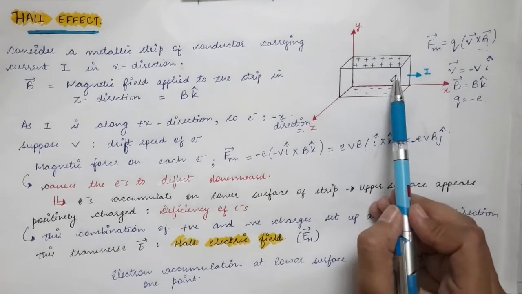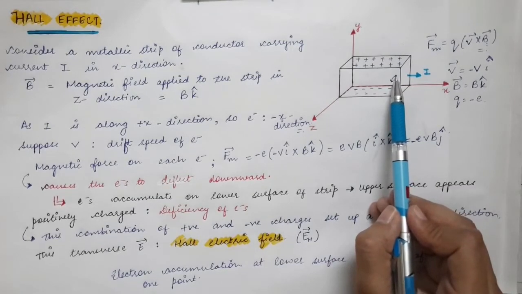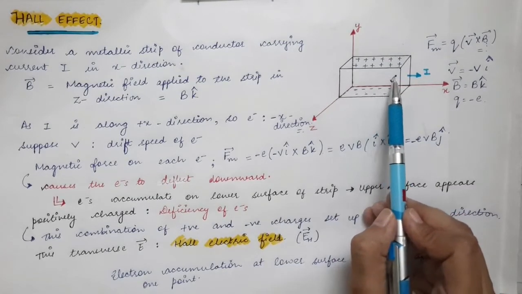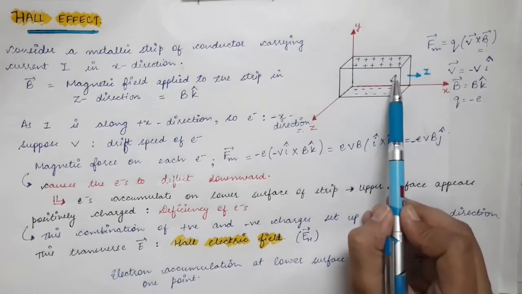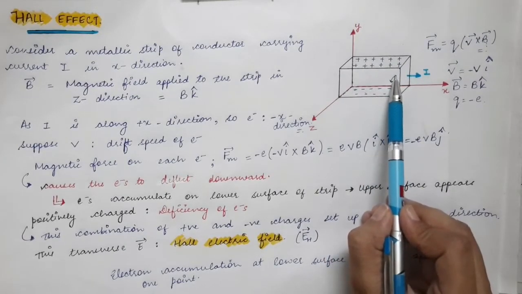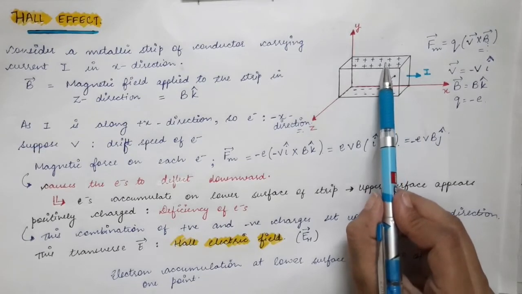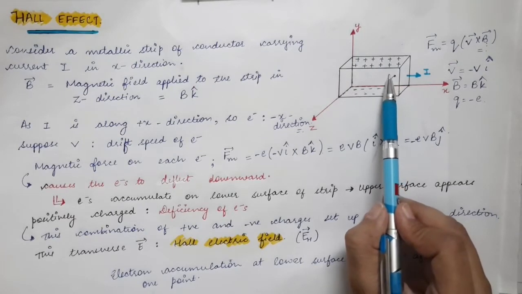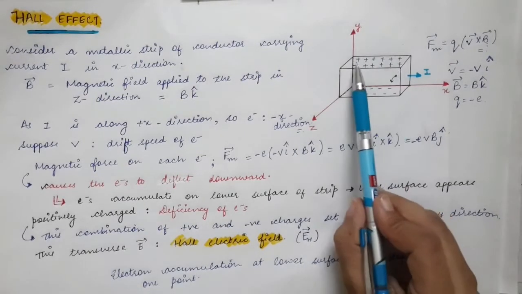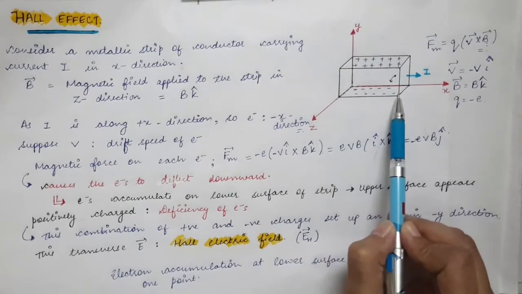So these electrons will be under the influence of an additional force, due to this Hall electric field. These electrons will be attracted towards the positive charge, so they will be trying to move in the upward direction due to the Hall electric field.